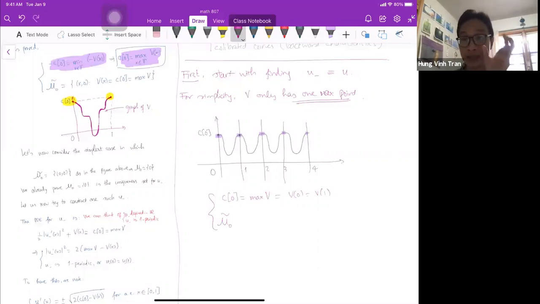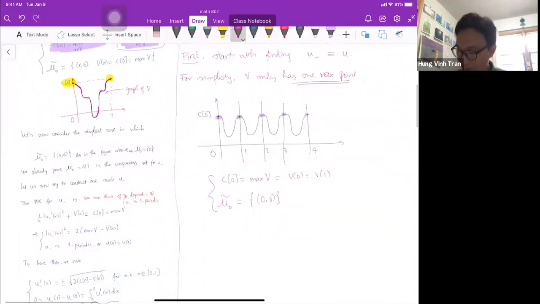Again, 0 and 1 are identical in the torus, because they represent the same element. So the Mather set is going to be the single point 0. This is good.